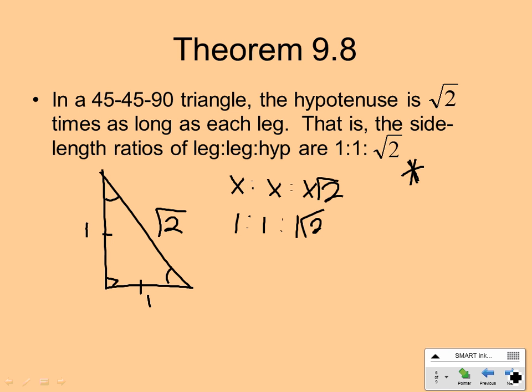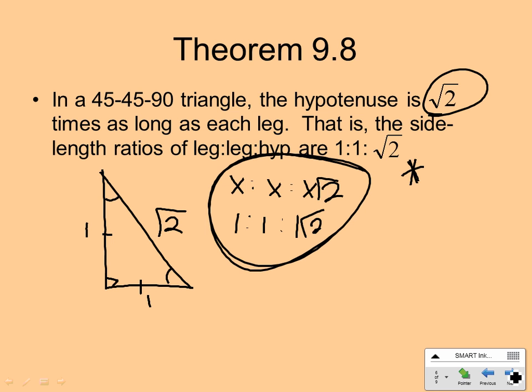So the hypotenuse is radical 2 times your length. Instead of being 3 times or 2 times, we're now saying it's radical 2 times as long, so 1.41 times as long. Make sense? Between these two right here, you're going to want to burn that into your brain. Memorize that.